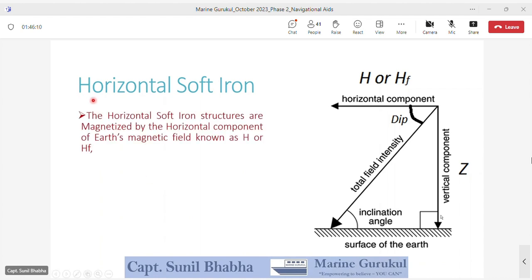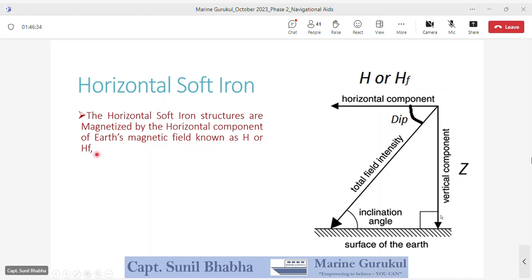Now, if you consider a horizontal soft iron, as I told you, a horizontal soft iron could be a fore and aft longitudinal or an athwartship beam. The horizontal soft iron structures on board are magnetized by the horizontal component of the Earth's magnetic field, known as H or HF.